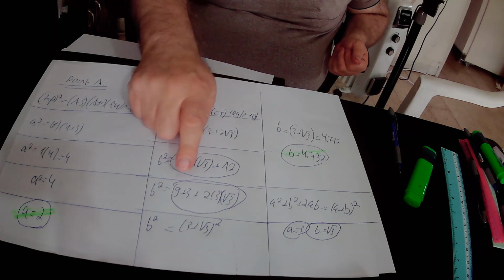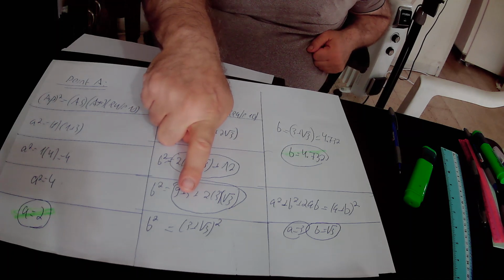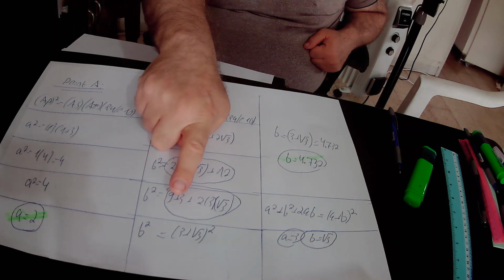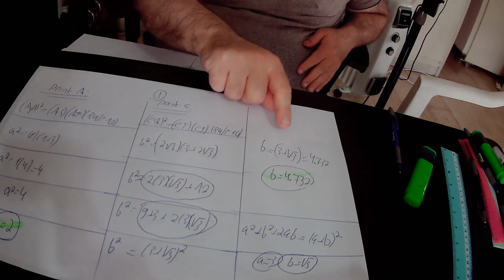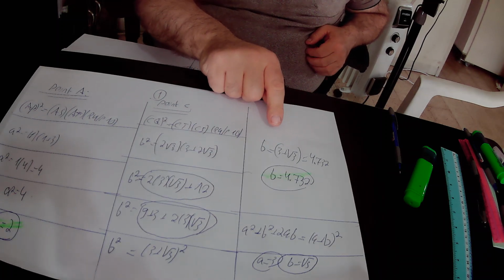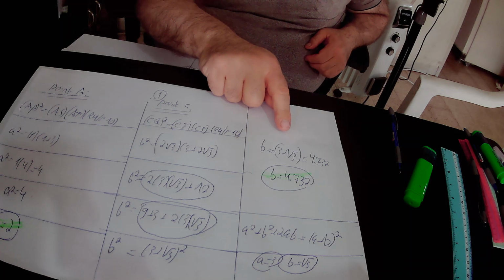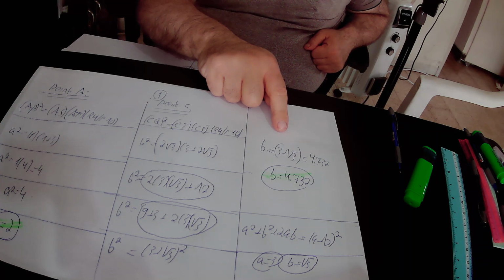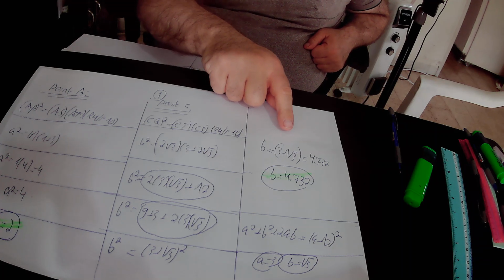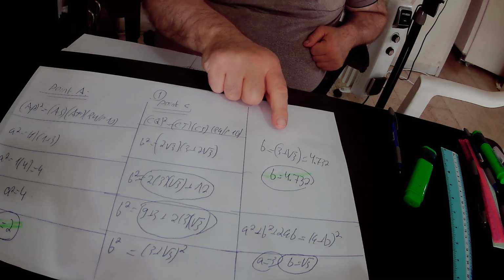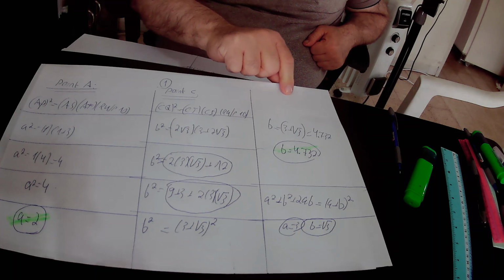Here we took the root of this equation, and finally found out that B equals 3 plus square root of 3. Square root of 3 is 1.732, therefore 3 plus square root of 3 equals 4.732. In conclusion, we found out that B equals 4.732.